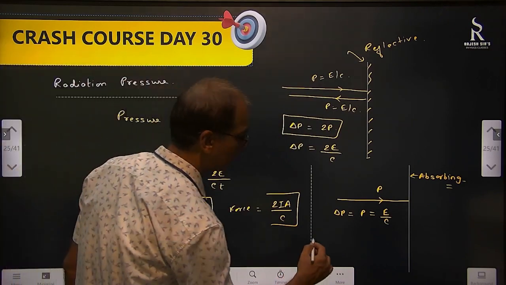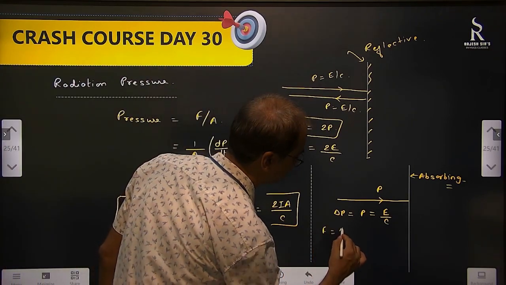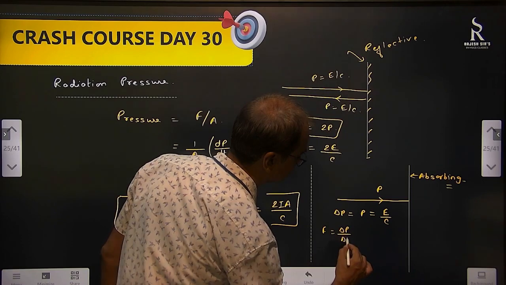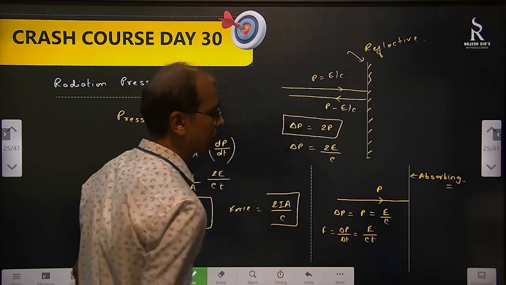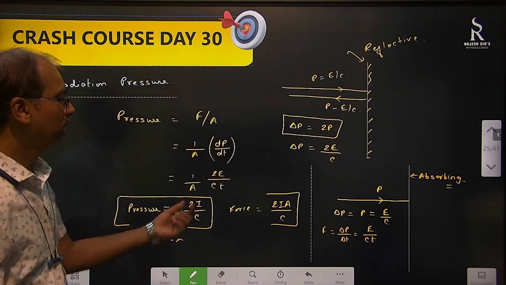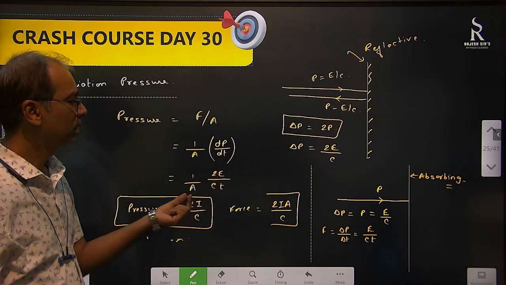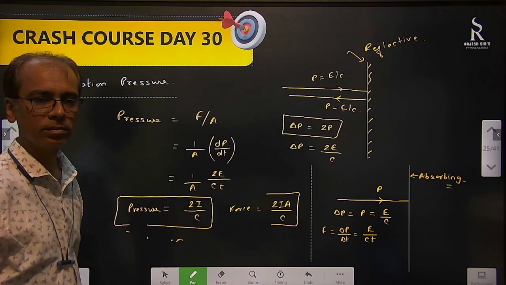Then force is delta P by delta T. So E by CT. Here it was 2E by CT. Here it is E by CT alone.